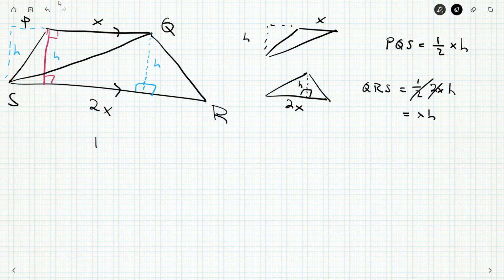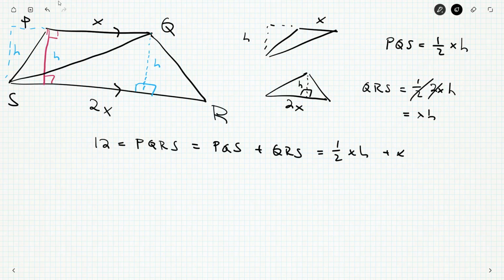In total, we know that 12 is the area of PQRS, which is just PQS plus QRS, the sum of the two triangles we've broken this down into. That's 1/2 xh plus xh, which is 3/2 xh. That is 3 times 1/2 xh, which is 3 times the area of PQS.